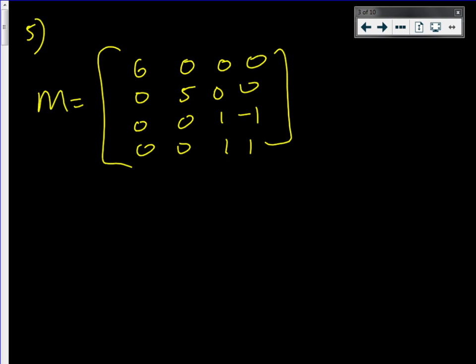And part A says, find the characteristic polynomial of M.